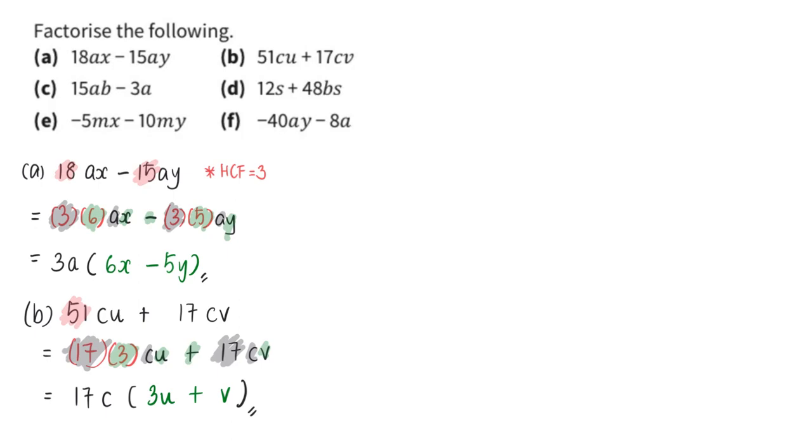Let's move on to part C, where we will have 15ab minus 3a. So for this question, you can see that 15 is actually 3 times 5.